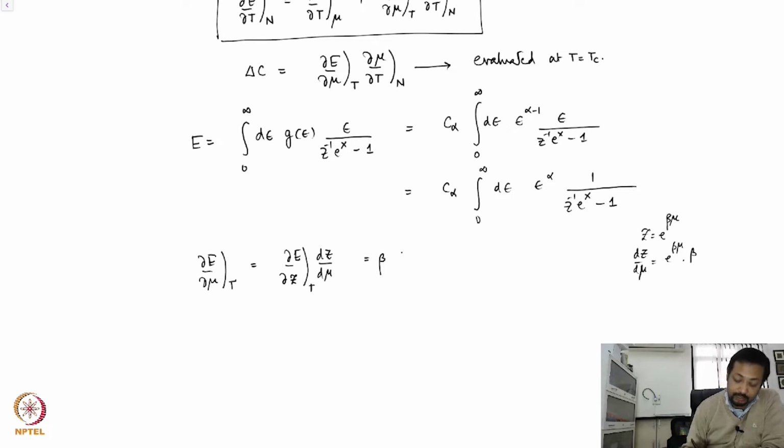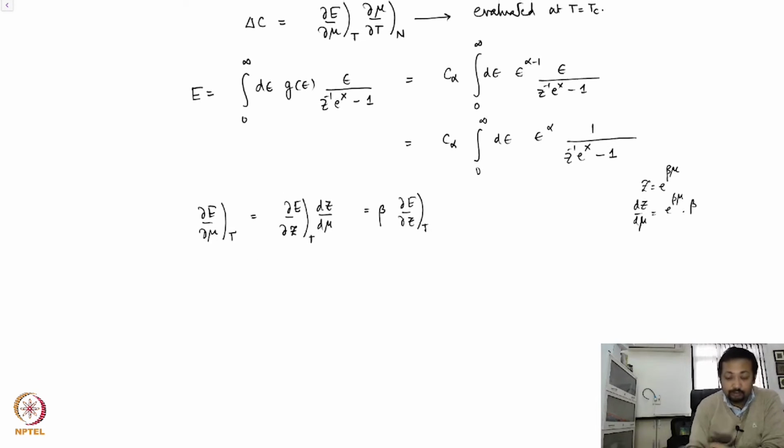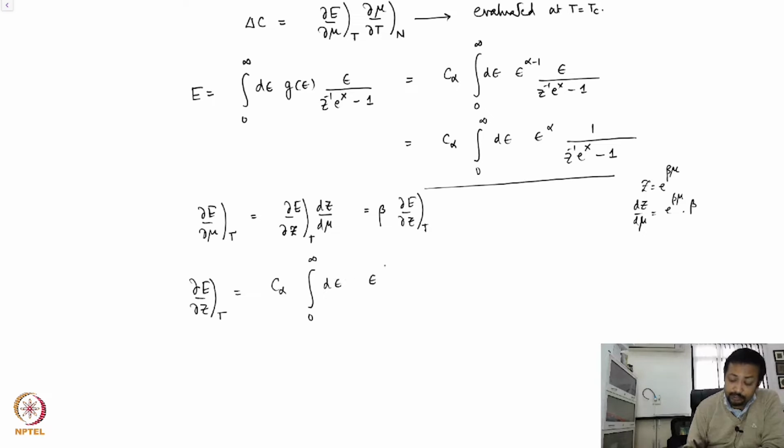So I have beta times del E del z, temperature held constant, and we go back to the expression that we have written down over here. So that del E del z, temperature held constant, is going to be C alpha integral 0 to infinity d epsilon epsilon to the power alpha d dz of 1 over z inverse e to the power x minus 1.